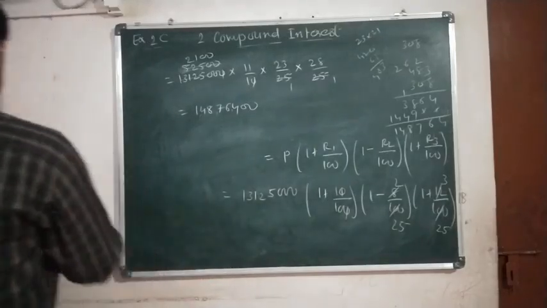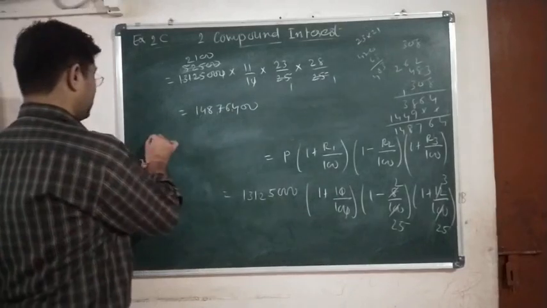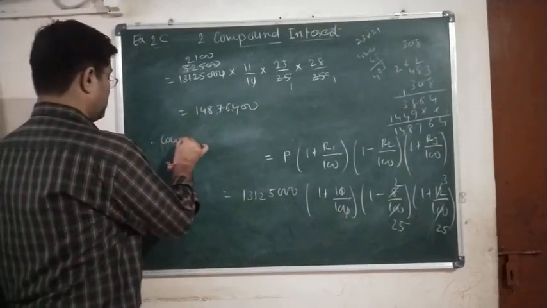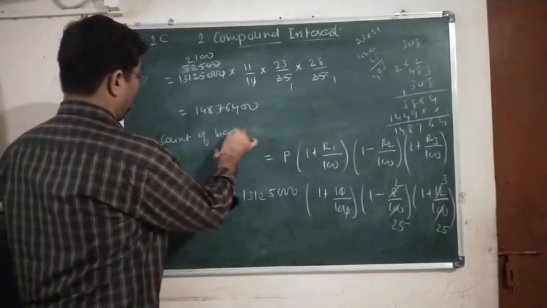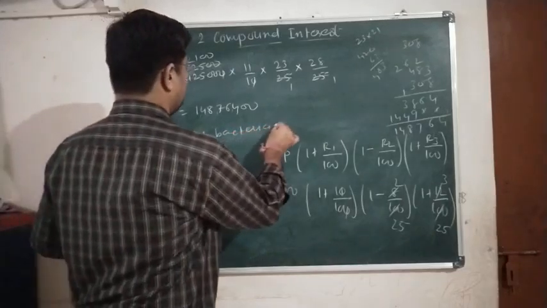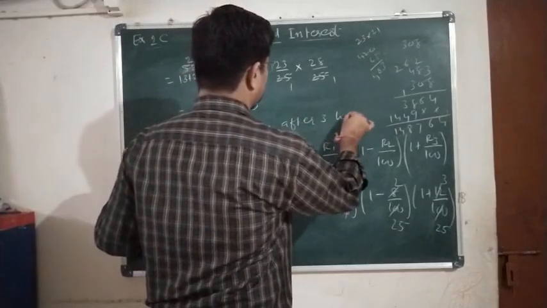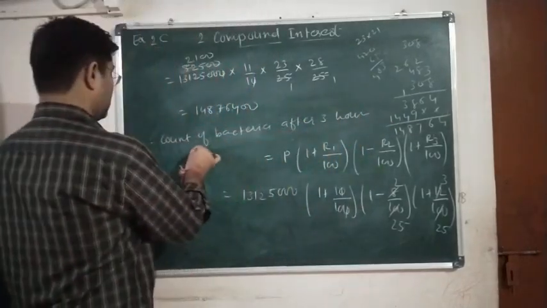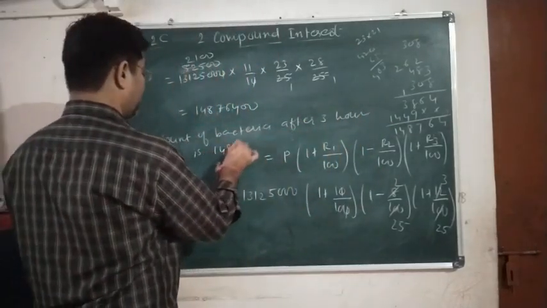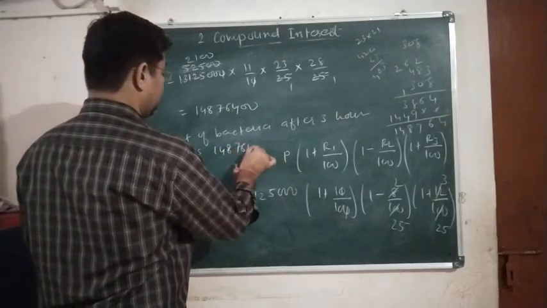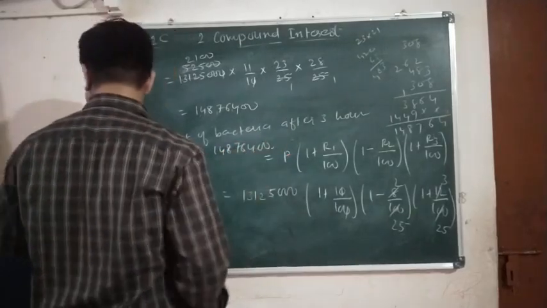Okay, so this is the right answer. Let us write down the statement. Therefore, count of bacteria after 3 hours is 1,48,76,400. Clear?